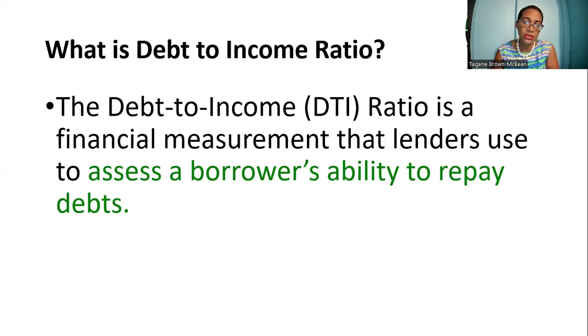So when you go to the bank and you apply for a loan, this is the measurement the banks use to say, okay, will this individual be able to repay the loan? They do that assessment before to decide if they are going to approve you for the loan or reject you for the loan.